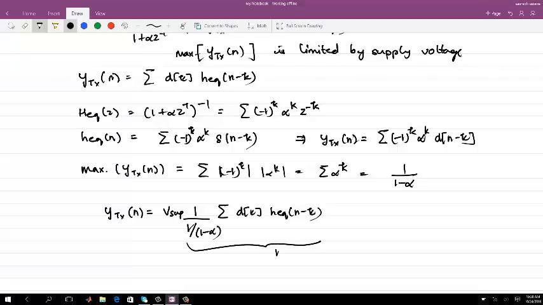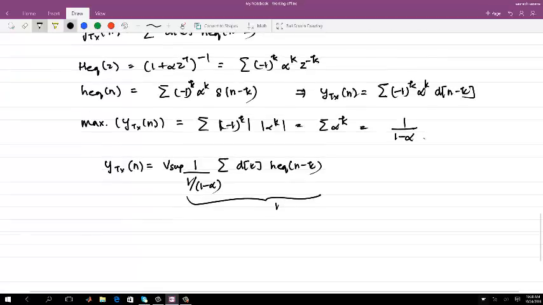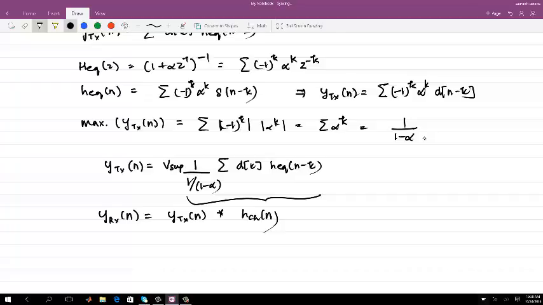Now, if I ask what the received signal is, that will be y_tx[n] convolved with h_channel[n] and h_ideal_equalizer[n], which is 1.